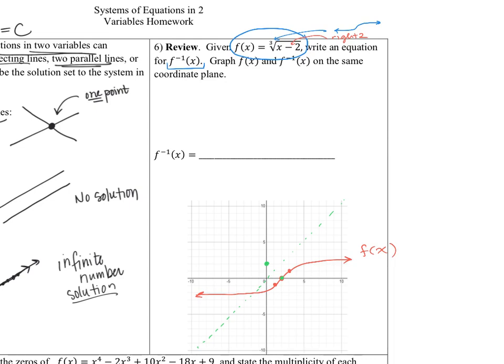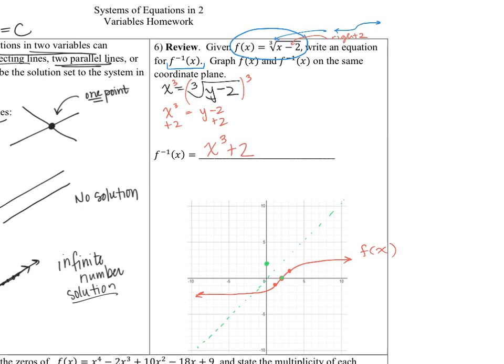You can also solve it algebraically, and a few people like to write out, if we interchange the x and the y, that's x equals the cube root of y minus 2. Then you solve for y. What that does is helps you undo all the operations. So you can see that x cubed will be equal to y minus 2. Add the 2 in. So the inverse is x cubed plus 2.